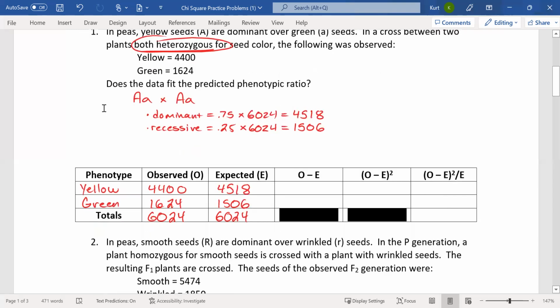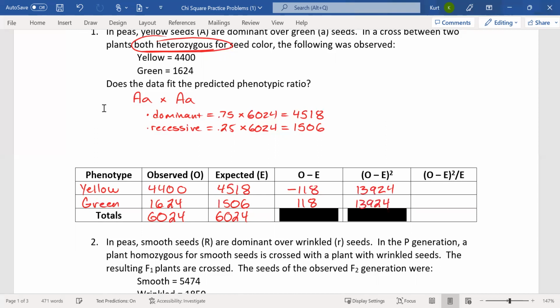Everything else should be cruise control. What is 4,400 minus 4,518? And what is 1624 minus 1,506? What is negative 118 squared? 13,924. Same goes with the bottom one.